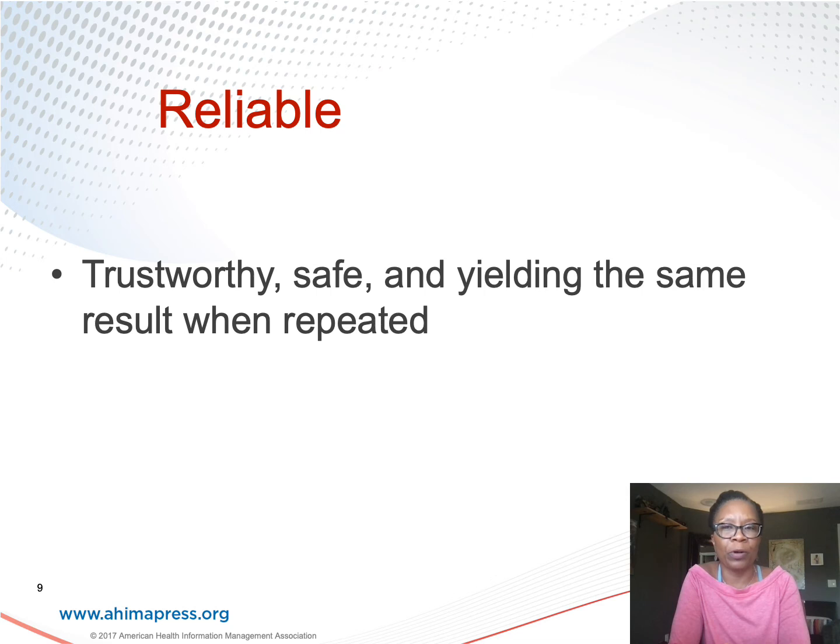Reliable: trustworthy, safe, and yielding the same results when repeated. This criterion is related to treatment provided to the patient and whether the physician's documentation supports the treatment. For example, I assume that a physician orders a blood transfusion for a patient who has an upper gastrointestinal bleed and severely low hemoglobin and hematocrit levels. The physician's diagnosis for the patient is a bleeding gastric ulcer.